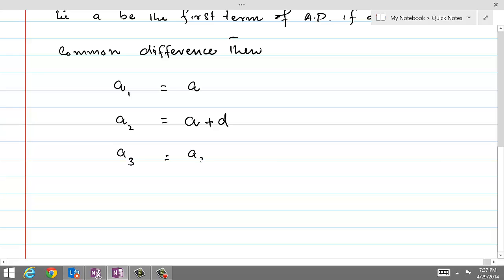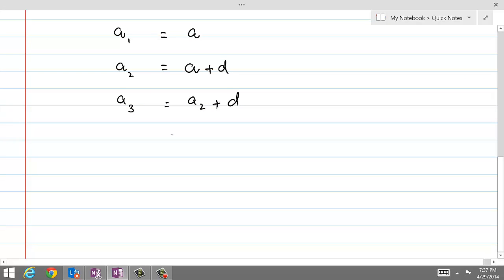So this would be A2 plus D, and because we know that A2 is A plus D and we are adding D to this, this gives us A plus 2D. So this is the third term.